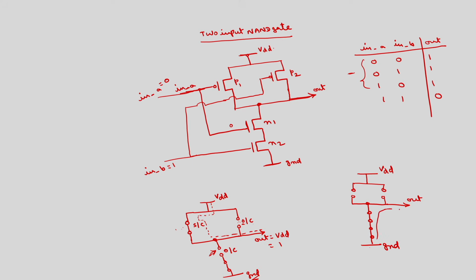So this path will be connected here, output becomes ground, which is 0. This is how we can explain the operation of the two input NAND gate.